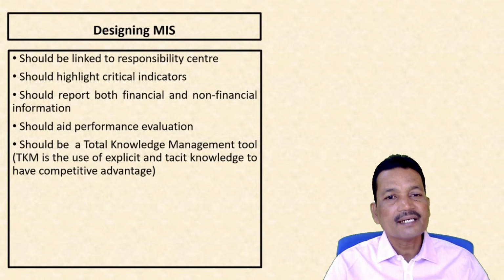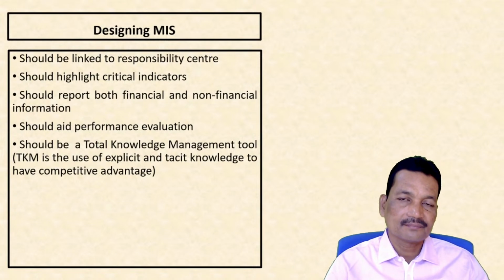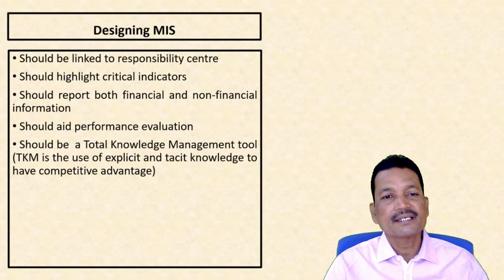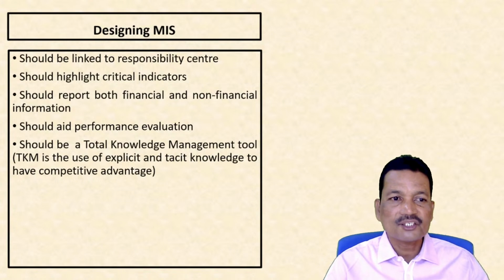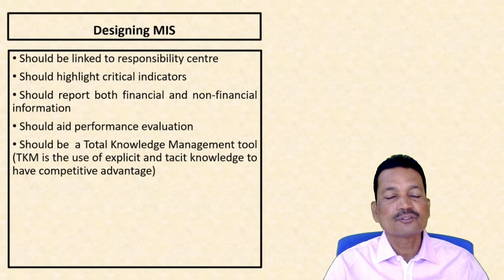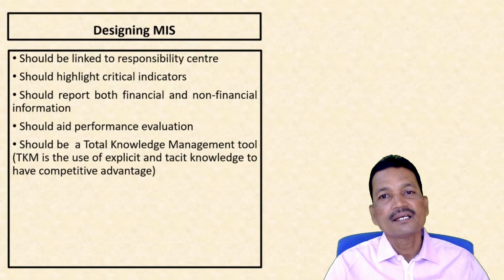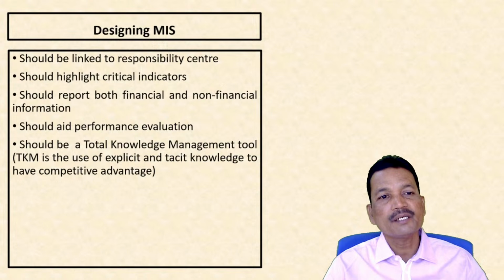It should highlight critical indicators, like financial and non-financial information, which should be reported, and the important ones for the organization goal should be highlighted.